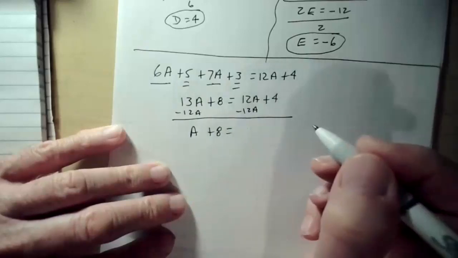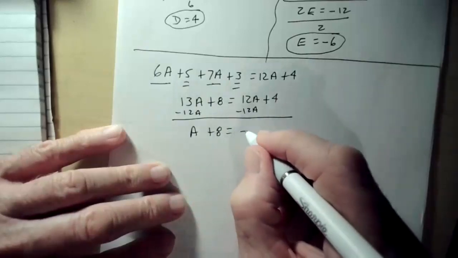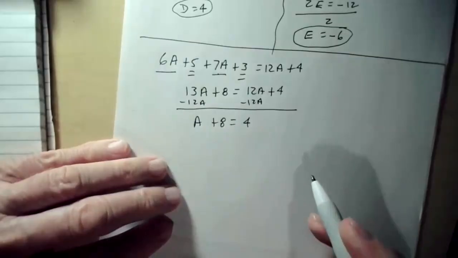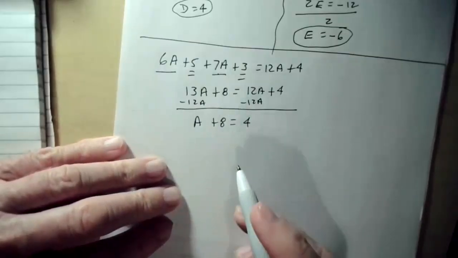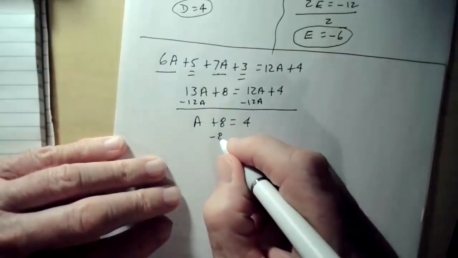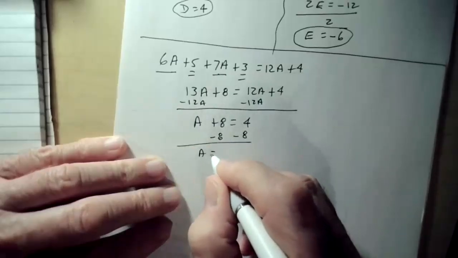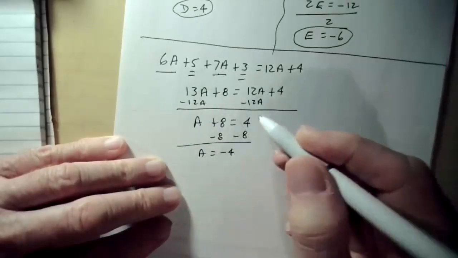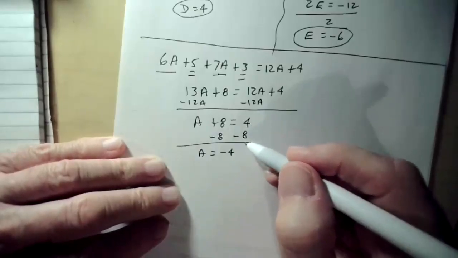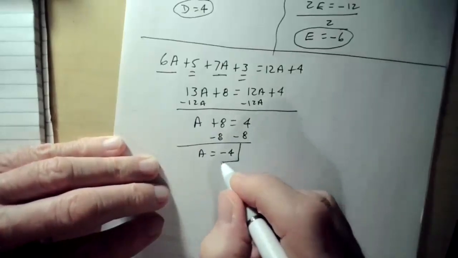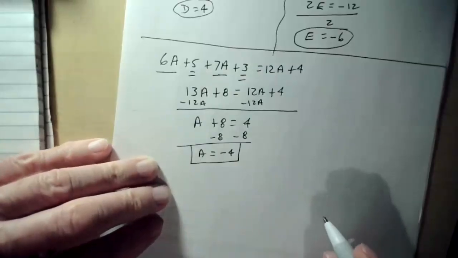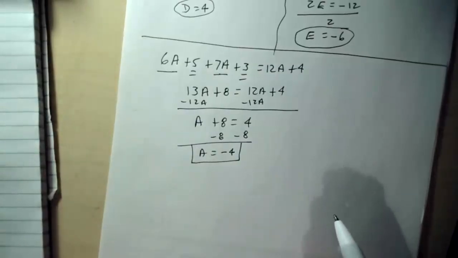And we get a plus 8 equals 4. Right? Right. See, that wasn't so bad after all, was it? Subtract 8 from each side. A equals negative 4. Signs are different here, so we subtract. Take the sign of the larger number.